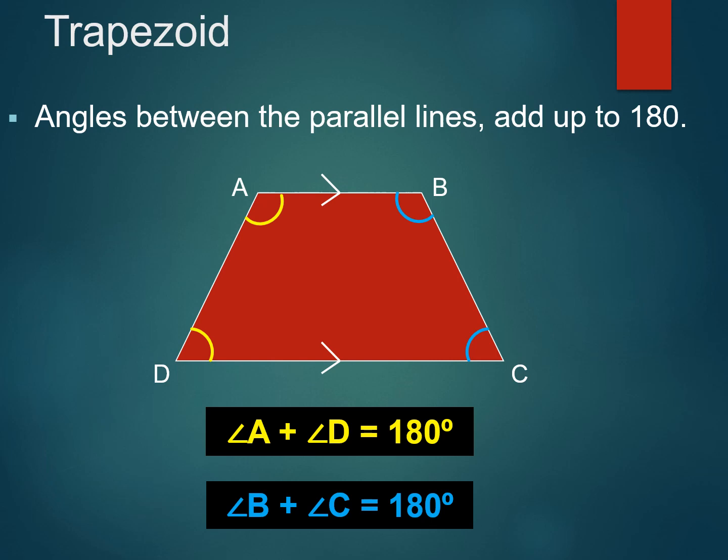Could be right trapezoid, scalene trapezoid, or isosceles trapezoid. So the parallel lines here are lines AB and DC. So the angles in between, A and D, equal 180, and B and C is also equal to 180.